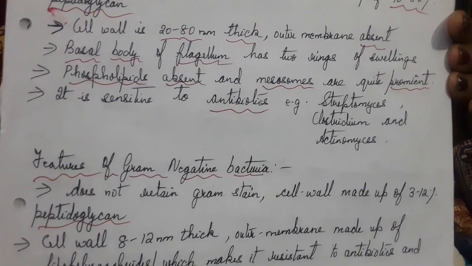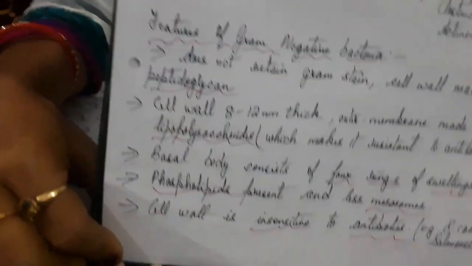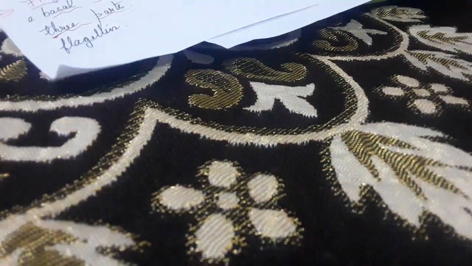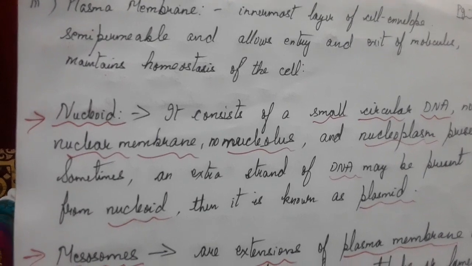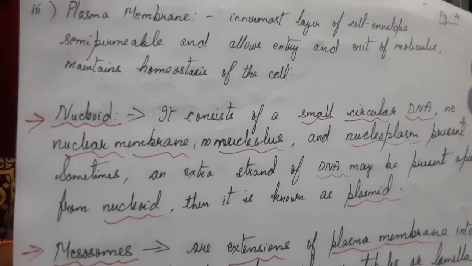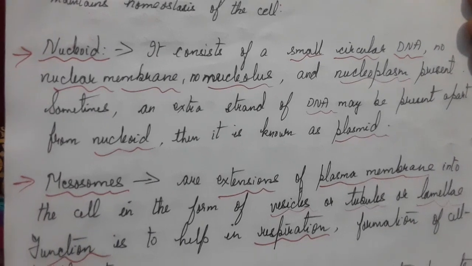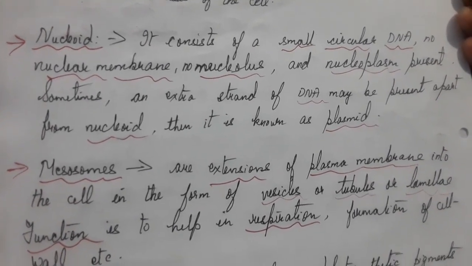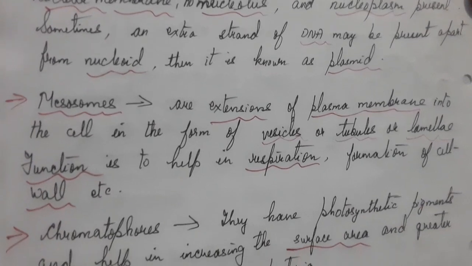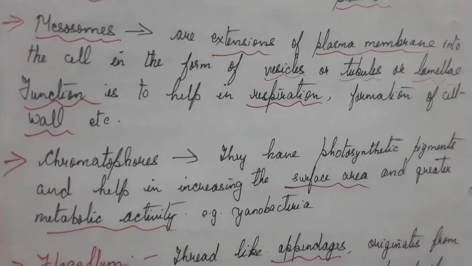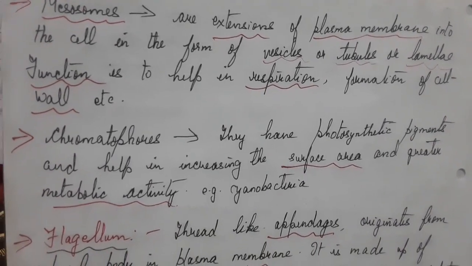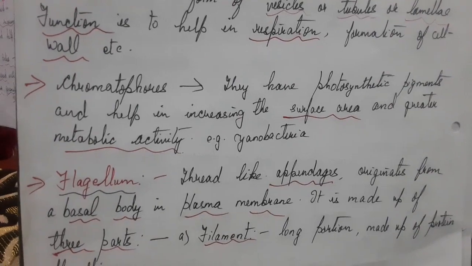Crystal violet dye, iodine, and then treated with alcohol. Other features include the nucleoid, mesosomes, chromatophores, flagella.